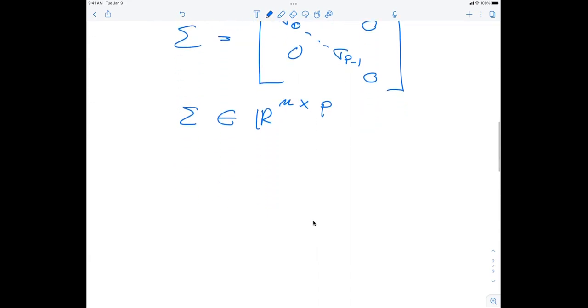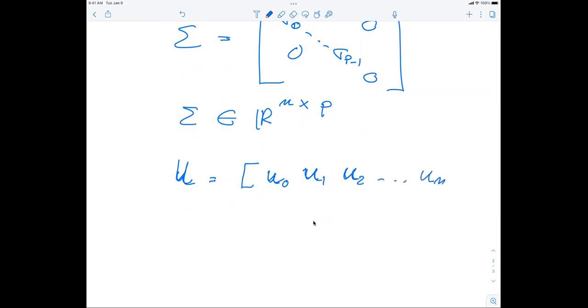Now, if you look at the matrix U, we can write this out in terms of the column vectors, u_0, u_1 and so on. I'm trying to write this as an uppercase letter for the matrix, and the column vectors are bold-faced.